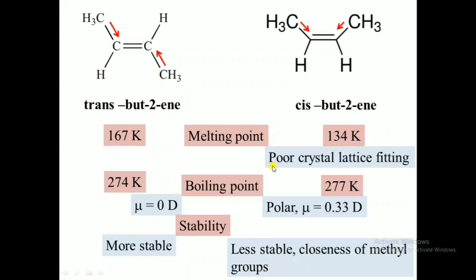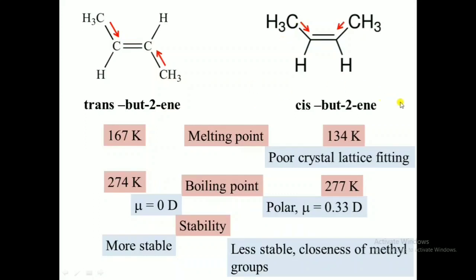So if you are given trans-butene or cis-butene, you can identify whether it's the cis form or trans form by looking at its melting point, or its polarity or dipole moment, whether the molecule has a dipole moment or not. Doing that, you can identify whether the isomer is the cis form or trans form.